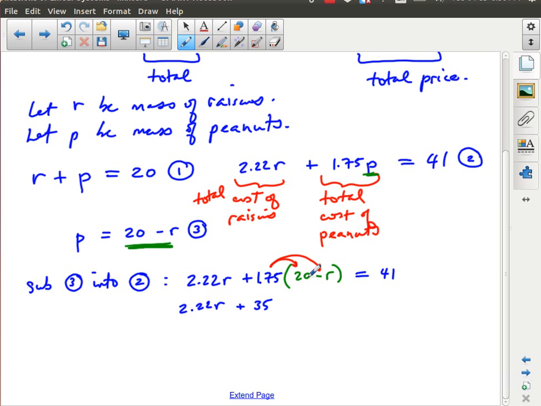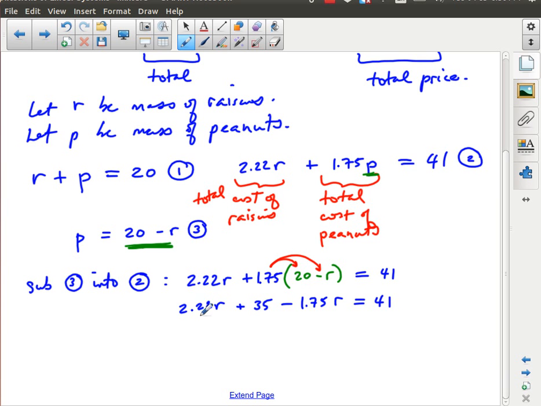And 1.75 times negative R is minus 1.75 R, and that's equal to 41. And I'm just going to double check that. Another way to look at that is 1.75 times 10 is 17.5, double that is 35. And if you're not sure about these things, you can of course check it on a calculator.